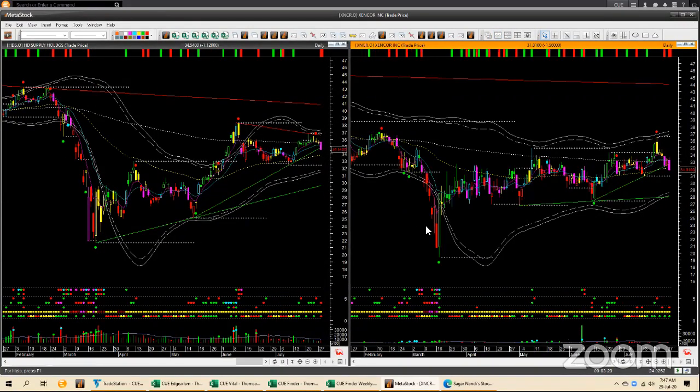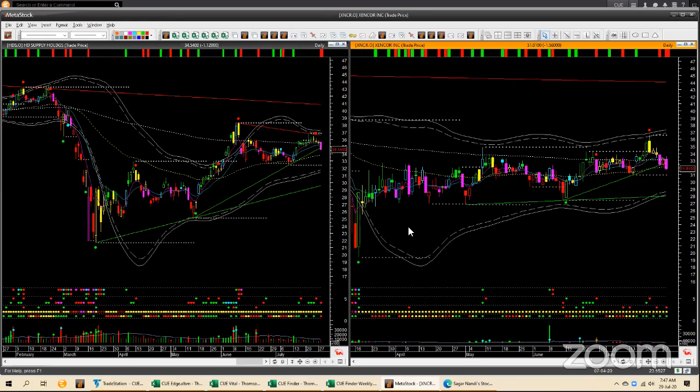Which one, if you wanted to short one of them, which one would you like to short? Would you like to comment on that? Looking at them side by side makes it easier to decide. Of course, they may be in different industries, we'll check it out.